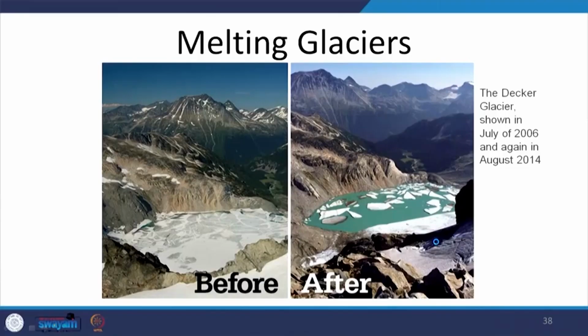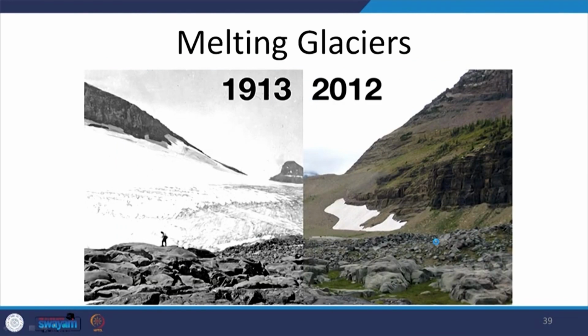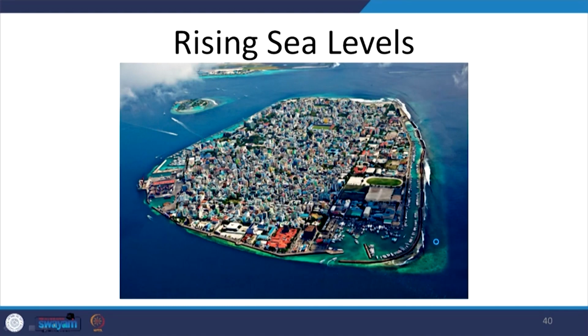That is the state almost everywhere. We can talk about any glacier, and scientists are now recording how and at what pace the glaciers are receding, they are going back. Now all these melting glaciers are resulting in rising sea levels.